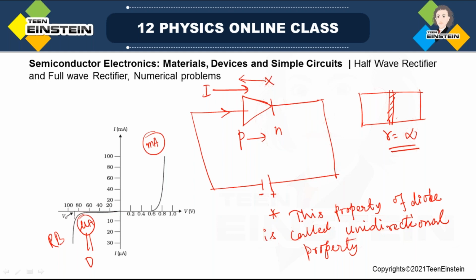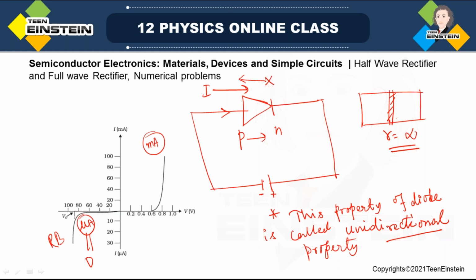In the reverse bias it does not conduct. This property is called unidirectional property, and this unidirectional property can be used to make a rectifier. To make a rectifier device, we can use this diode.